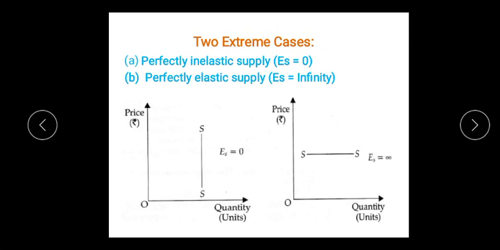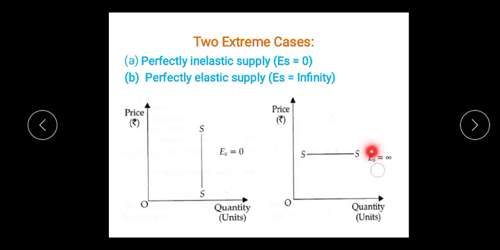A perfectly elastic supply curve will be a horizontal straight line parallel to the x-axis or quantity axis, as shown in the figure given on the right side of the present slide, that is this figure.